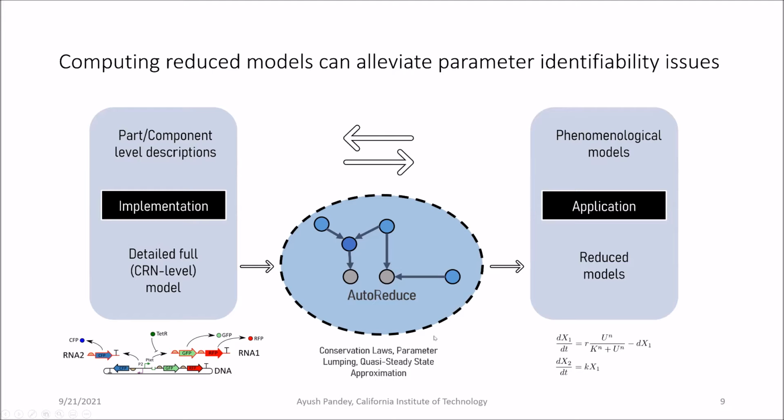But with AutoReduce, if you get to this reduced model systematically, we will have an analytical relationship of k to the individual binding and catalysis parameters, for example, in your chemical reaction network model. Those are the component level parameters. And we can relate those to the phenomenological parameters in the reduced models.